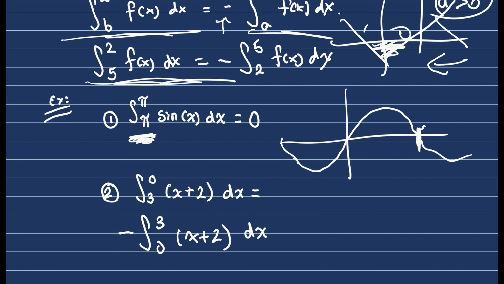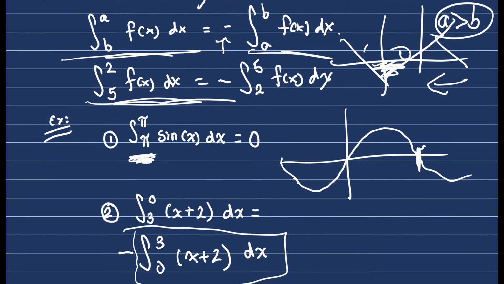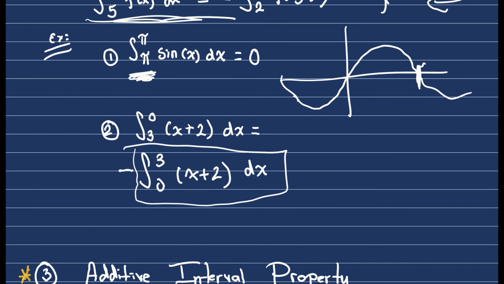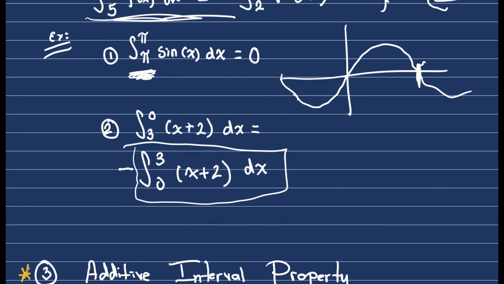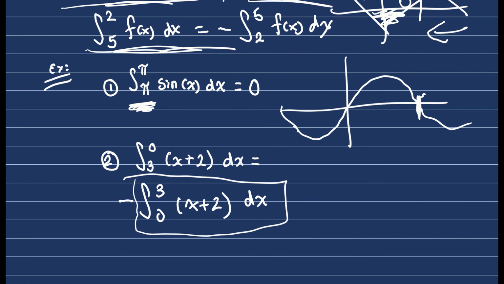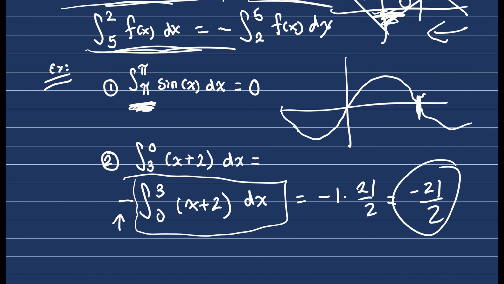And remember, what is the integral from 0 to 3 of x plus 2? We did it in the previous video, and the value for that, I believe, was equal to 21 over 2. But since we have this negative in front of it, it's equal to negative 1 times 21 over 2, which is equal to negative 21 over 2. Check the previous video if you need a refresher on this one, okay?